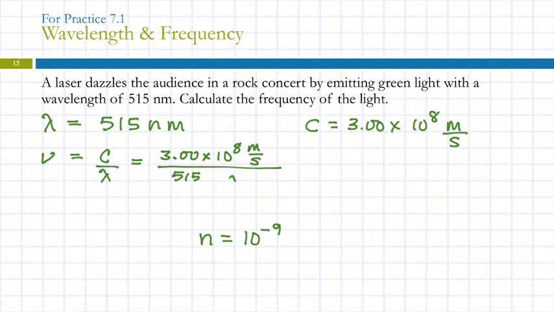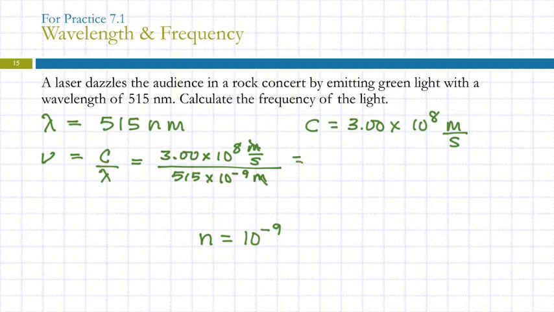So I'm going to erase this. And where the nanometer was, I'm going to write its mathematical meaning, and then the meter stays there. This is not proper scientific notation. Your calculator doesn't care. You can still do this. Now the meters cancel out.